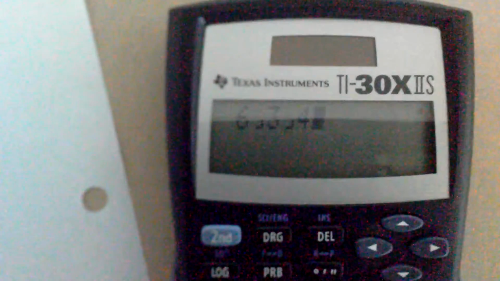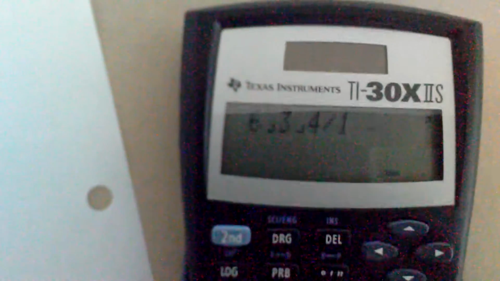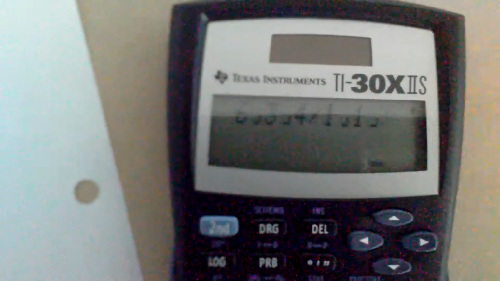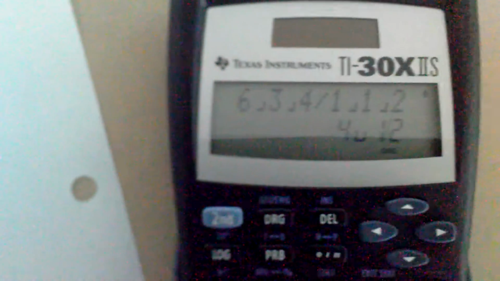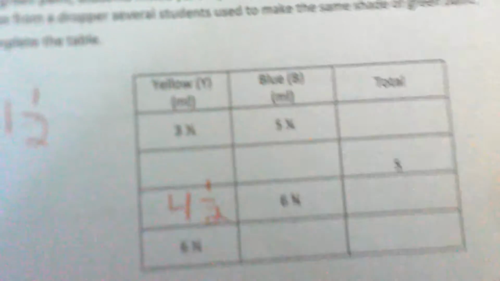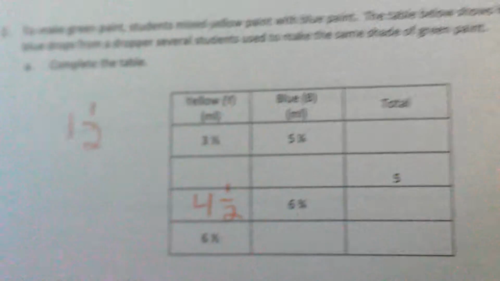So, 6 3/4 divided by 1 1/2, and I should get 4 1/2. So 4 1/2 is the amount of yellow that I have here. Okay. I can keep going from there.